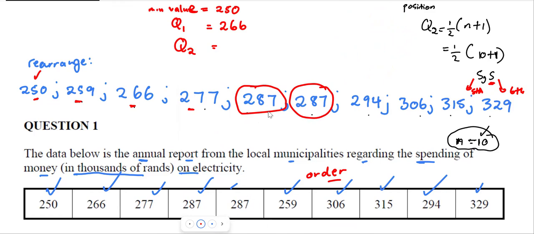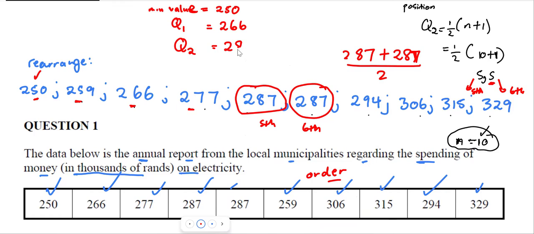We need in between the 5th and the 6th, so you're just going to add 287 plus 287 over 2. As you can see, that simply gives us the same answer, 287.